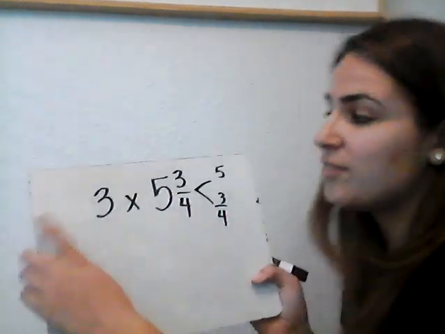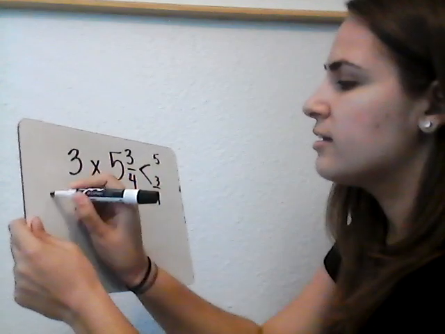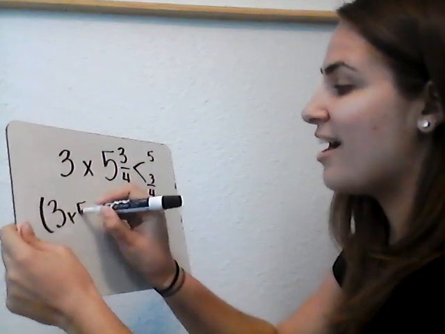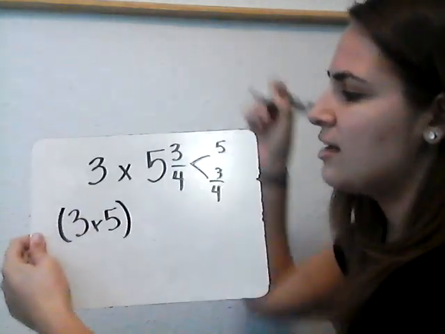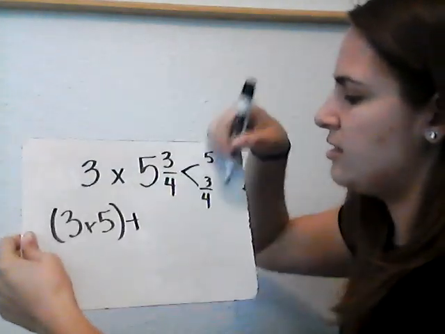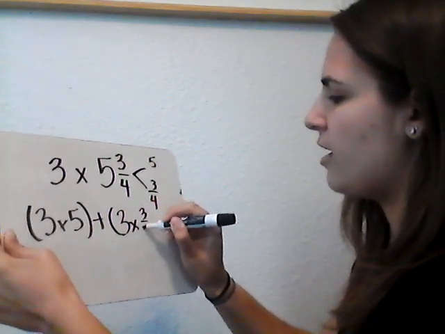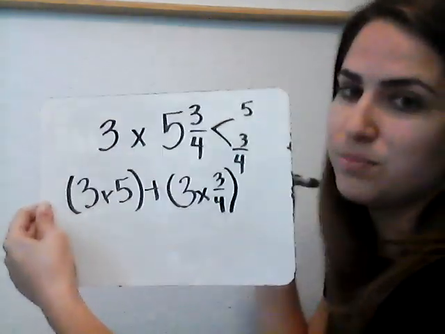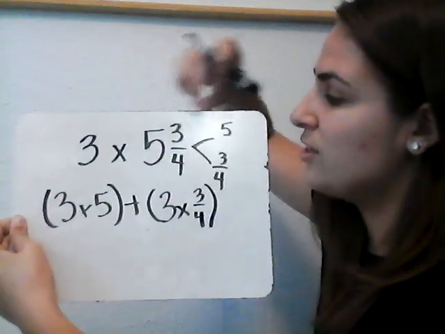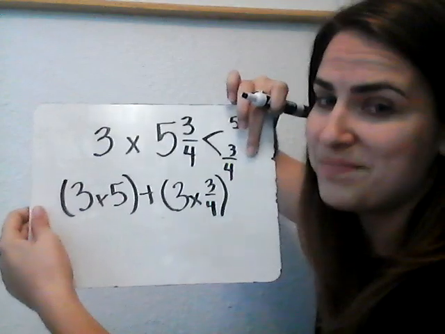So we're going to start off by multiplying 3 times 5, and then we are going to add 3 times 3/4. Instead of multiplying it all together, again, we just broke up 5 3/4 into its whole number and its fraction. Makes it so much easier to multiply.